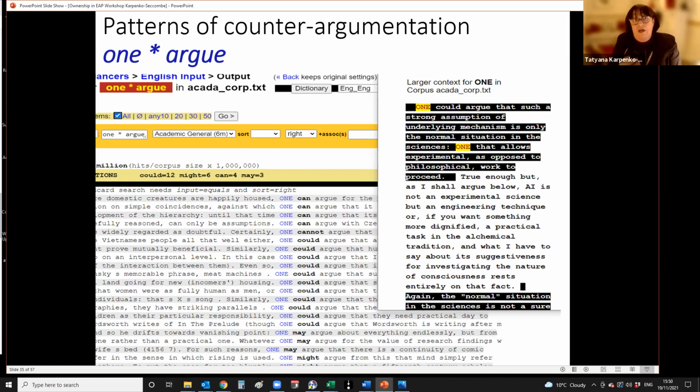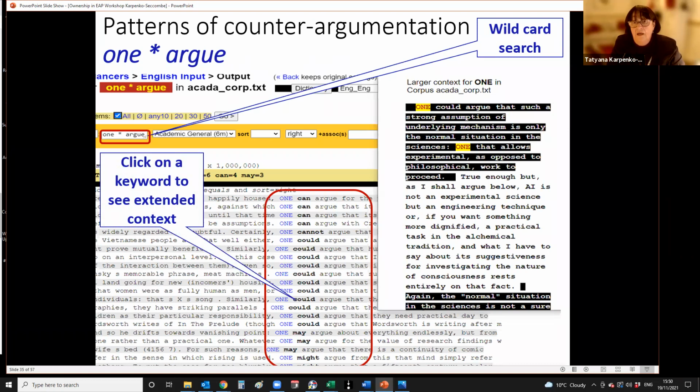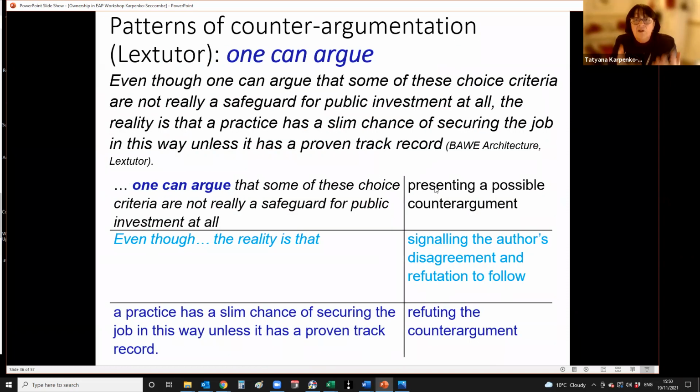So to do that, we can do a wildcard search, which is with an asterisk, as you know, one asterisk argue, and that gives us a pretty good pattern of one can argue, one could argue, and again, looking into these texts, we can find the examples of counter-argumentation, and then I look at them in a more developed way.